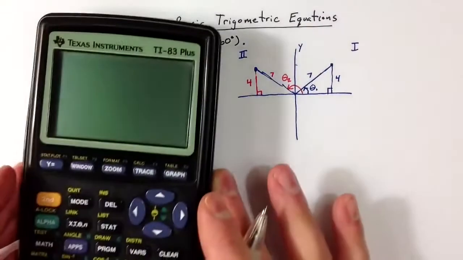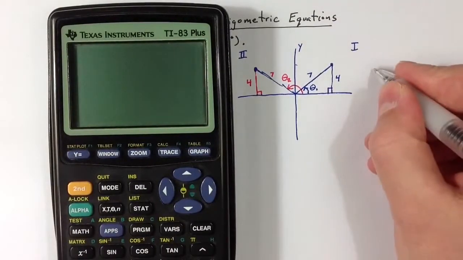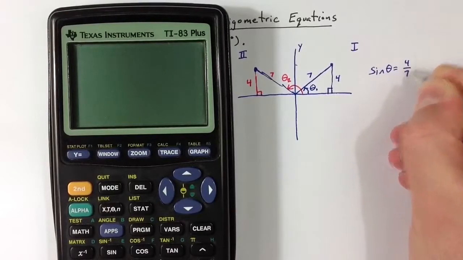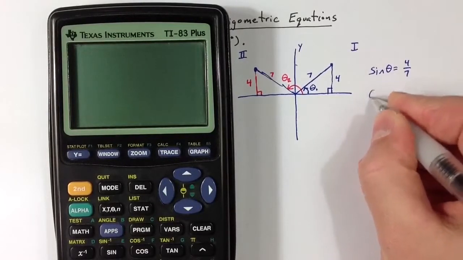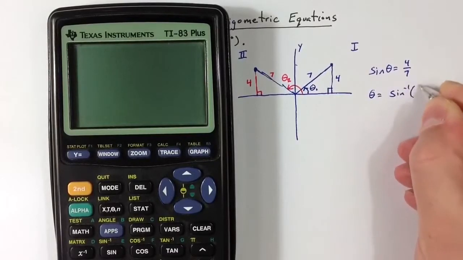Using our calculator, we have these inverse trigonometric functions. So if sine of theta equals 4 over 7, then theta equals the inverse sine of 4 over 7.